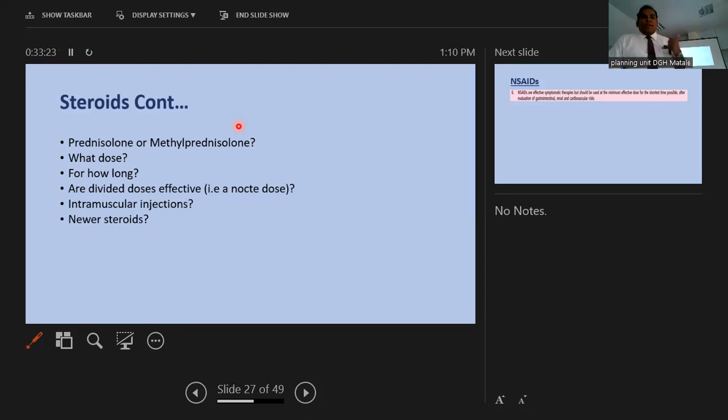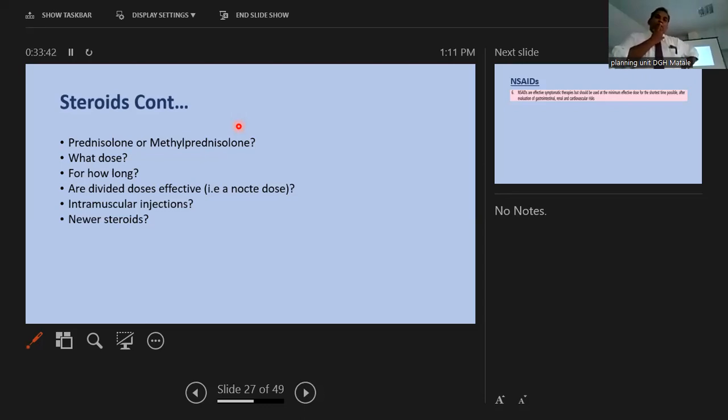One is, this is a buttock injection, and people don't like buttock injections.